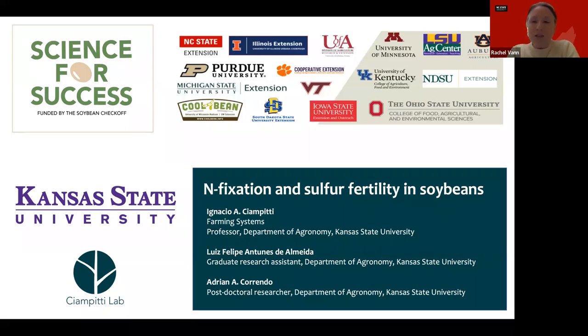And we do this through conducting collaborative research trials, some of which you'll hear about today. And we also do this by leveraging our historical knowledge from previously conducted soybean research and being out in the field for many years to sort of amplify our local extension impact up to the national level.